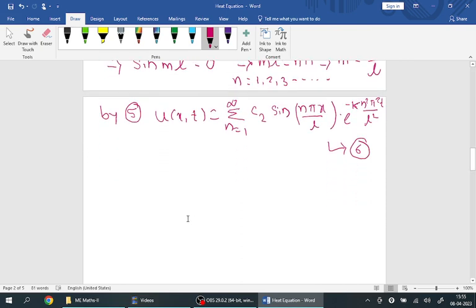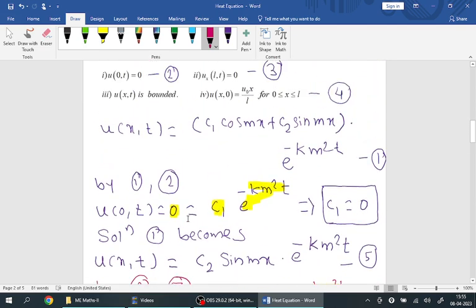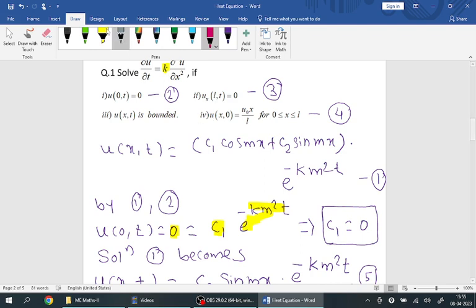Now one last condition is left, that is condition number 4, which is the initial temperature. This is the condition we have to apply, which always gives us the half range sine series.